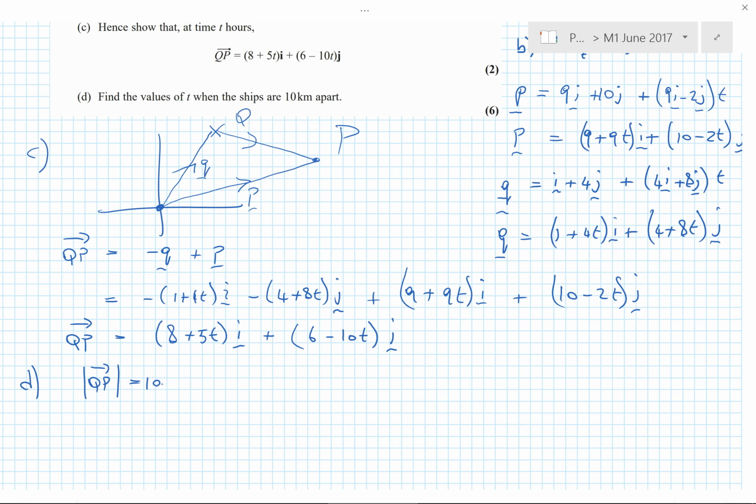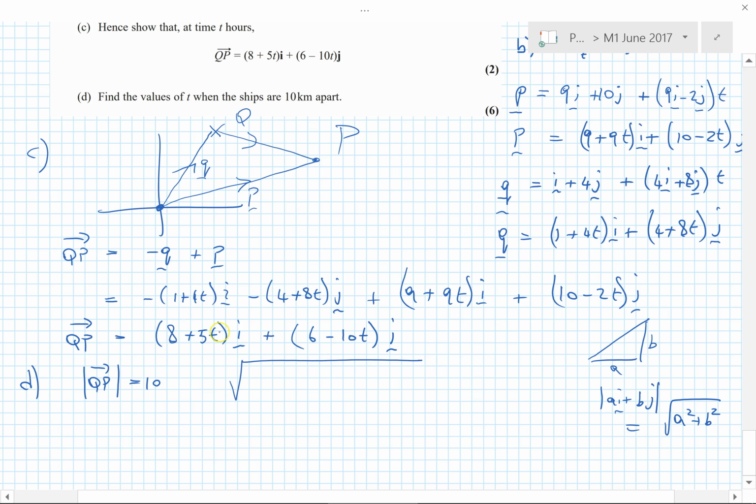Distance is the magnitude of this displacement, the relative position vector, or the displacement from Q to P. The magnitude of a vector ai plus bj is, using Pythagoras, the square root of a squared plus b squared.